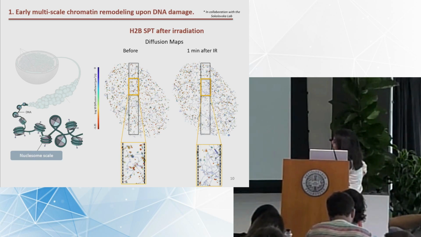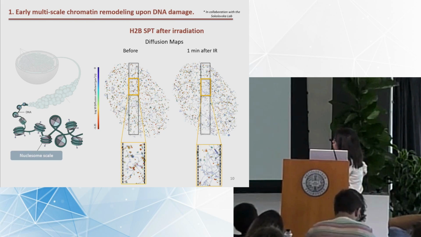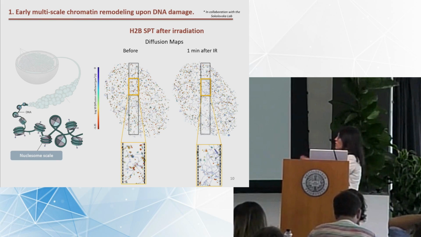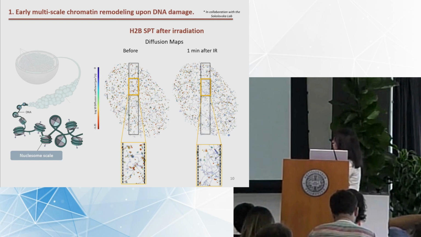So we can clearly see here in these zoom images that 1 minute after irradiation, there are more blue or fast histone traces compared to the undamaged condition, where we can see that there are more red traces.